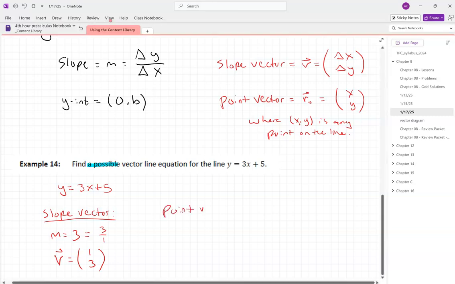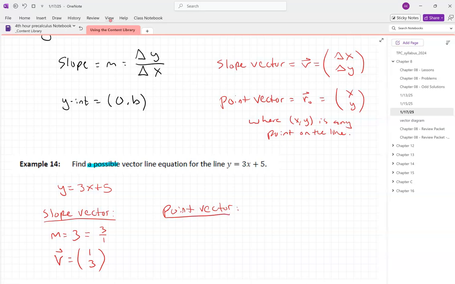Okay, my point vector. So again, I know the y-intercept for this is 0, 5, right? So my point vector r naught can just be the vector 0, 5.